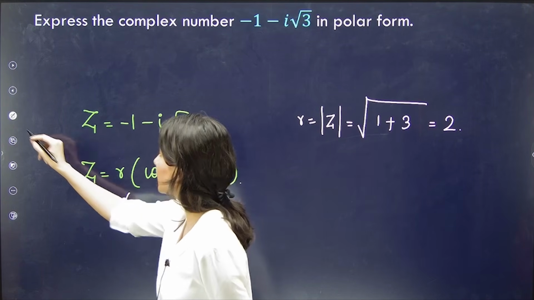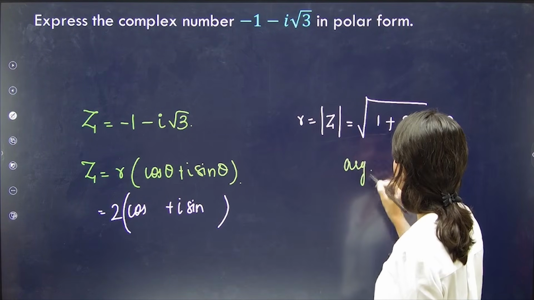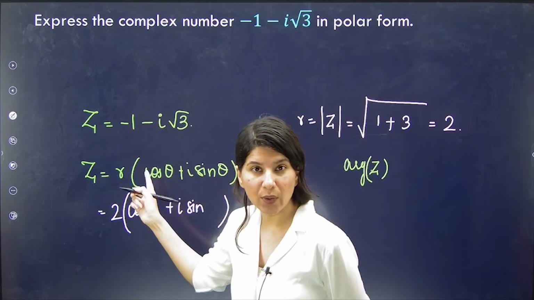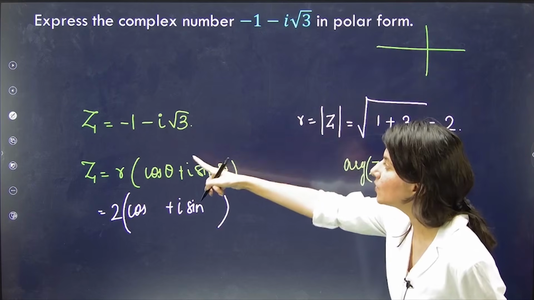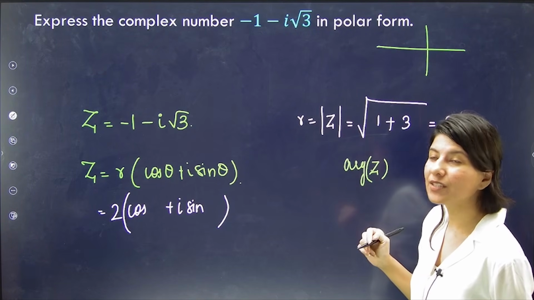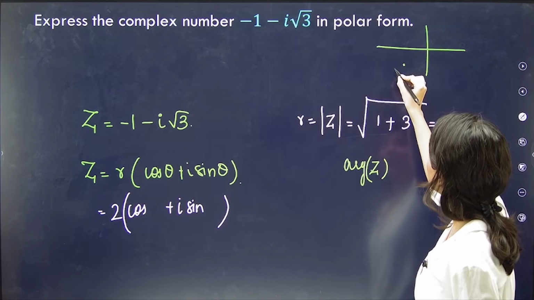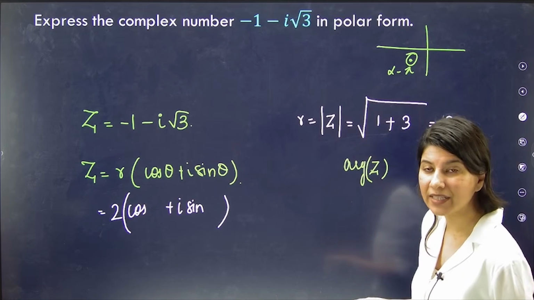Now we are here to calculate the argument of z. See, both x and y, or both a and b, are negative. That means minus 1 comma minus root 3 lies in the third quadrant, and in the third quadrant the angle becomes alpha minus pi. Right?